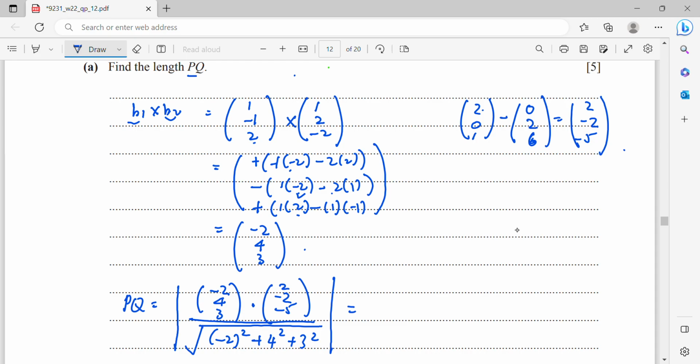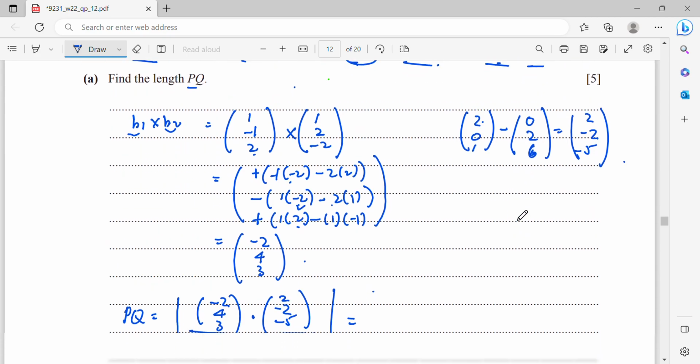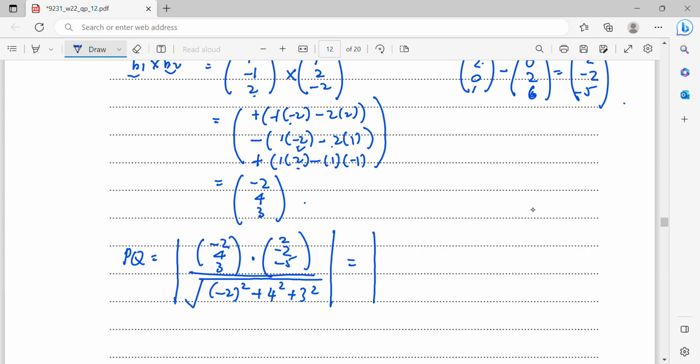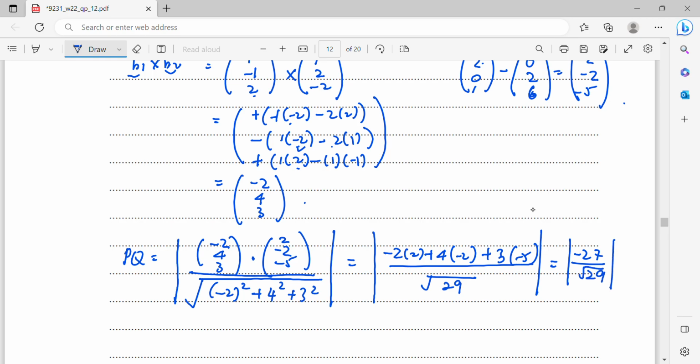So for the numerator, that is the scalar product: minus 2 times 2 plus 4 times minus 2 plus 3 times minus 5. The denominator, I will be getting square root of 29. So now this is the modulus or absolute value of negative 27 over square root 29. So you may leave your answer as 27 over square root 29. This is the length of the PQ.